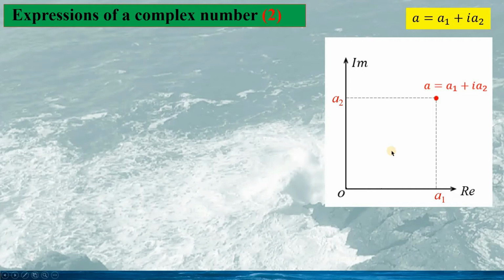If we put the complex number in the complex plane, we could have the plot as this for the complex number A. This is very similar to the Cartesian coordinate. The real axis is x-axis and the imaginary axis would be y-axis, and A1 here and A2.